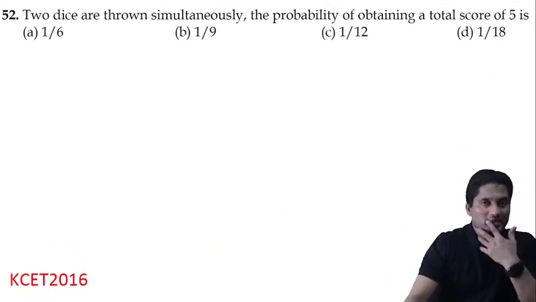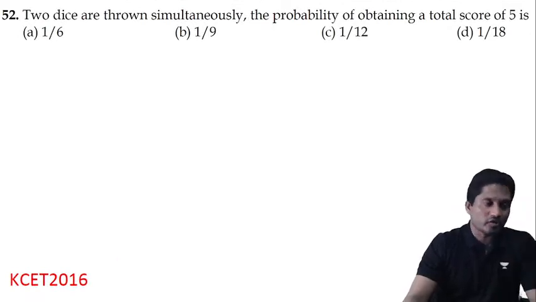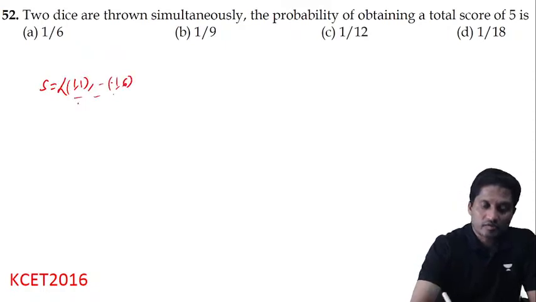Two dice are thrown simultaneously. Probability of obtaining a total score of 5. I taught you the shortcut as well. Two dice are rolled. Sample space is 1 1 to 1 6, and so on up to 6 1 to 6 6. So n of s is equal to 36, 6 into 6.